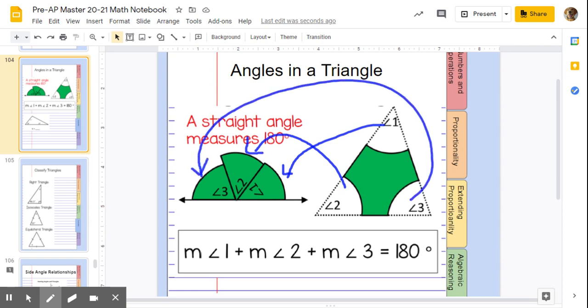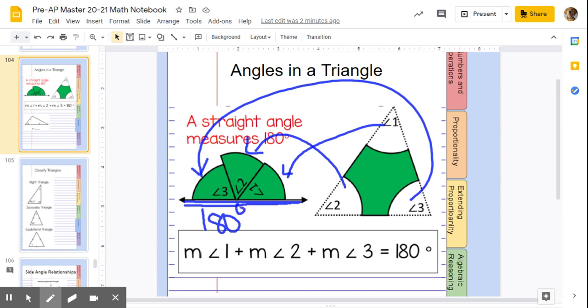Now, normally I would literally have you cut a triangle and do this yourselves, but I can't give you all triangles. So I took each of these and I put them together, and you'll notice when I put all 3 of those angles together, it equals this straight line here. And a straight line, if you remember, is 180 degrees.